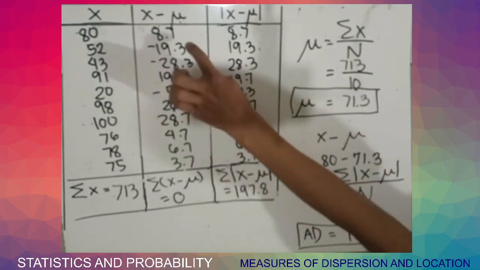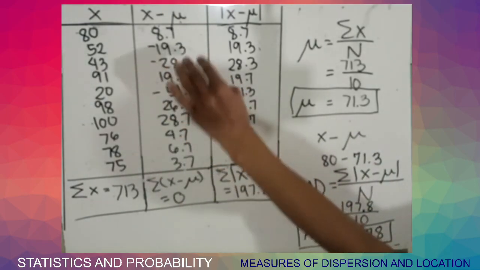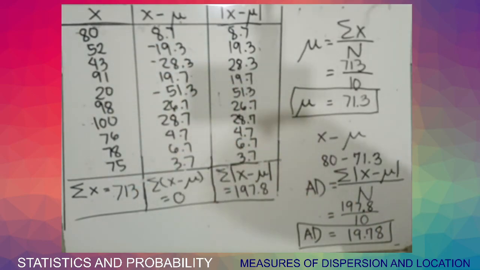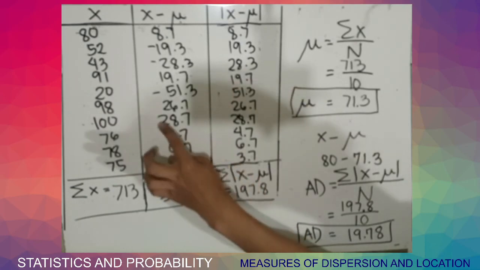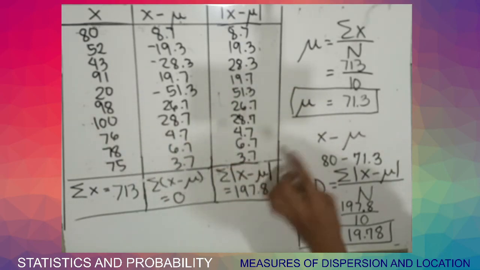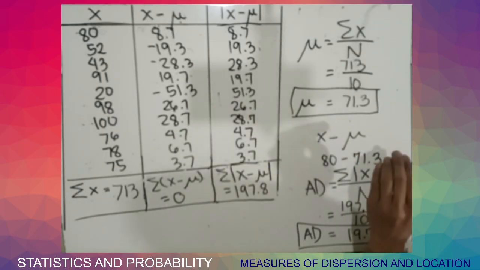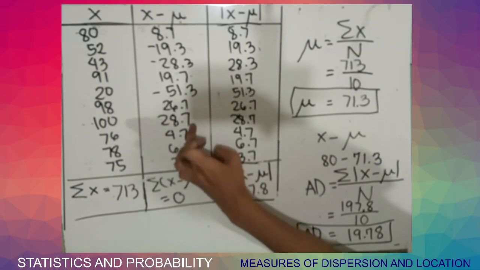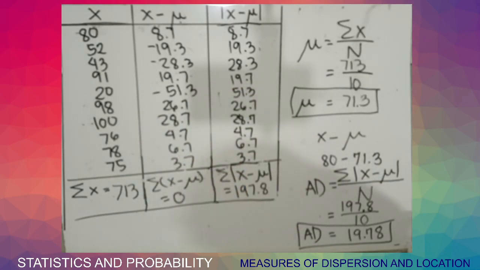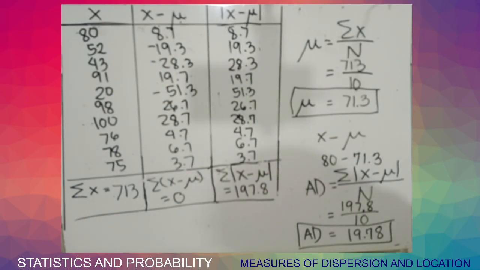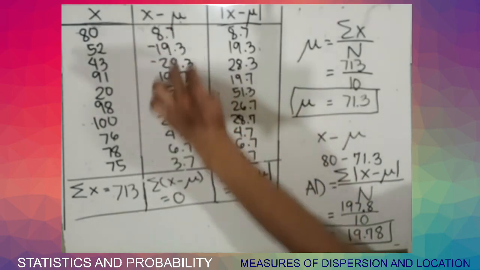Pero may mga instances na yung value ng ating x minus mu dito sa ating data is 0 din. Okay? Kunwari, nag-arrange si 28.7 naging 0. Since yung ating given na mean natin ay 28.7 kunwari, so magiging 0 nga ito. Okay? So nakadepende yon sa given nating data. Pero lagi siyang equals to 0. Pero pag nag-discuss tayo ng average deviation for group data, so hindi na natin siya isinasama. Okay?